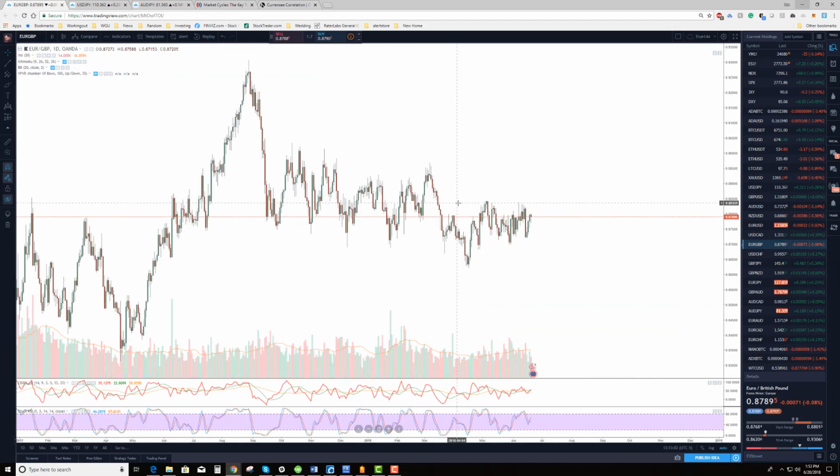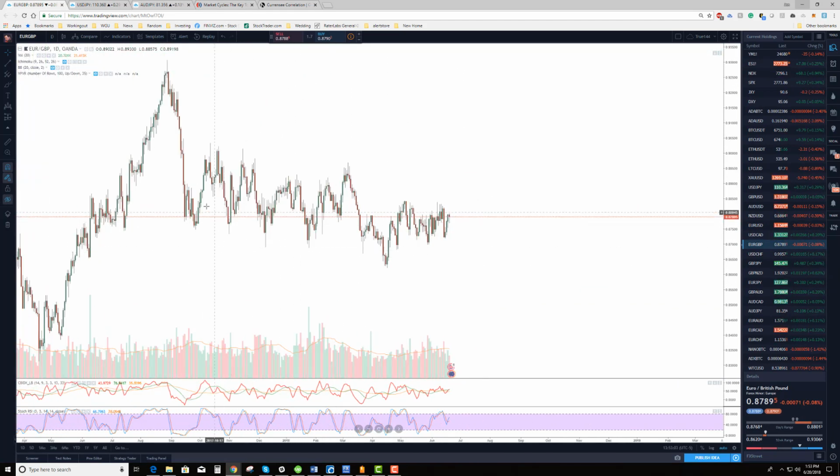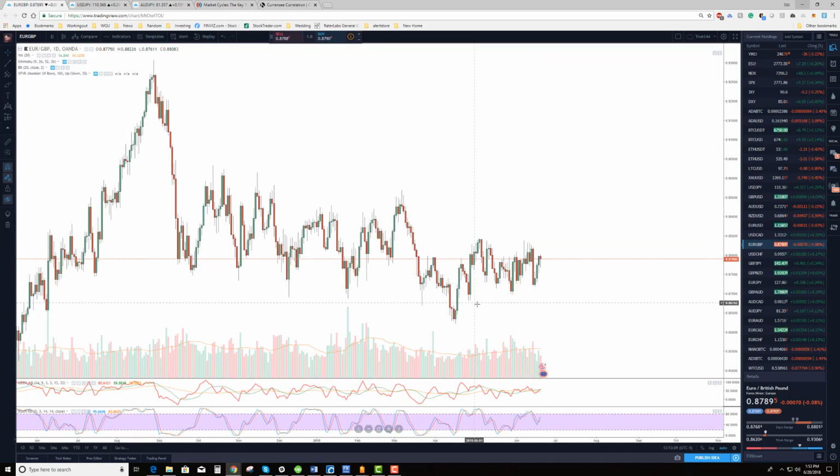I think this is a pretty indicative chart of indecision. Ever since the dollar's been bullish, this is the euro pound, the euro's performance against the pound. And we can see it's a pretty tight range here. We haven't had a lot of movement.